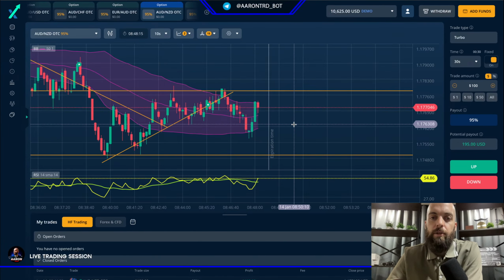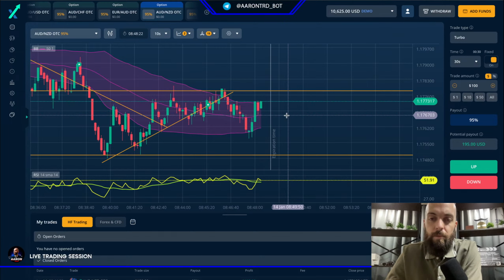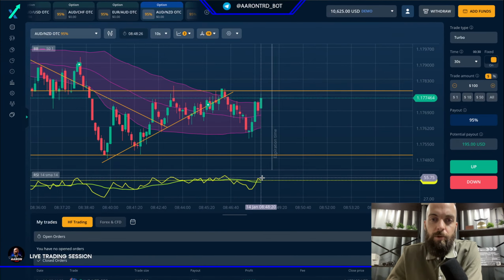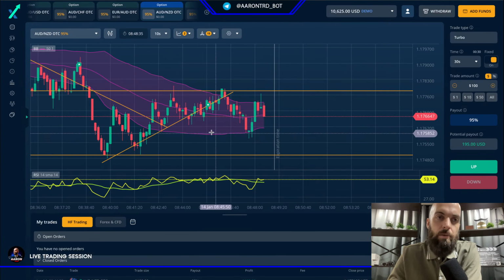It's going to start getting risky here. It's approaching our level. Let's see if we got that momentum drop. We'll try for a down. But the bands are risky right now, so... Ooh, that's a nice wick. I'm going to try that one.